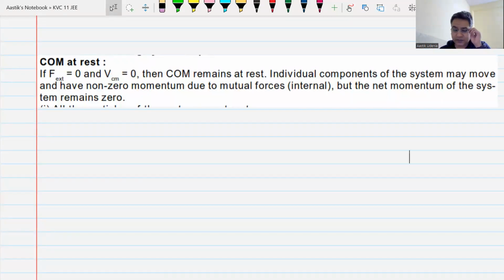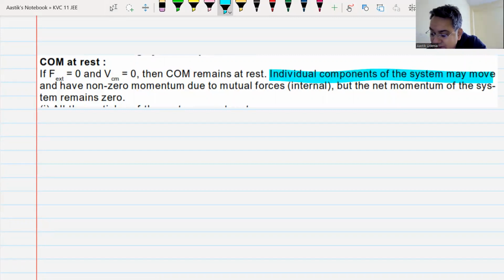But the center of mass remaining at rest does not mean that all the particles are at rest. The particles may move and have non-zero momentum. So, if the center of mass of a system of particles is at rest, that does not mean that all the particles are at rest.